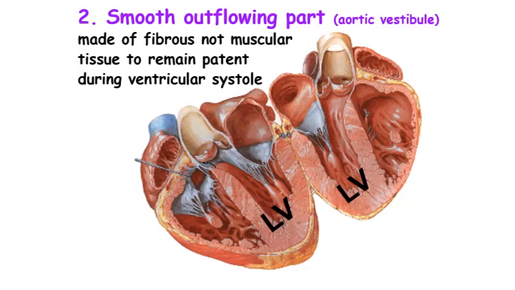It is considered to be the beginning of the aorta. It is fibrous and has no muscular tissue such that it remains patent or opened during the ventricular systole, thus allowing the blood to pass from the left ventricle to be distributed over the body.